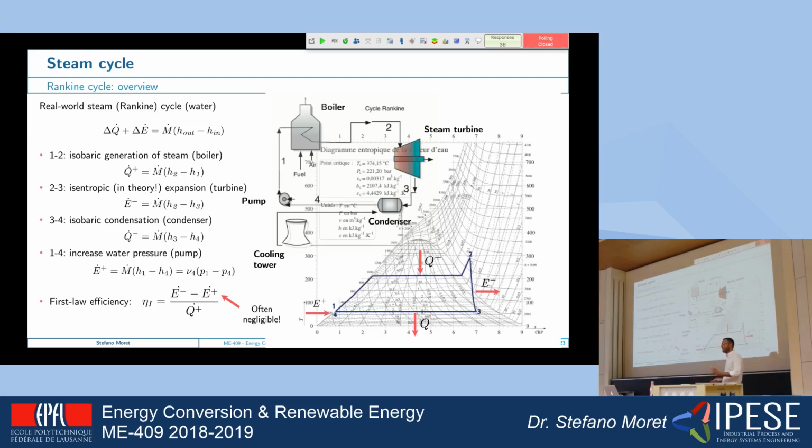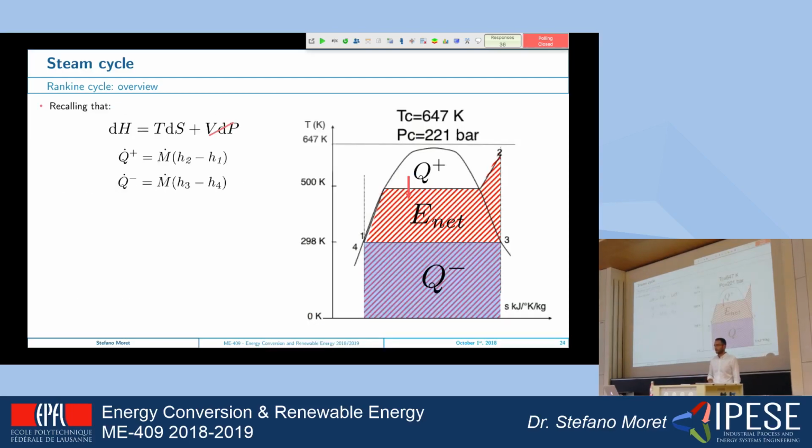The normal efficiency, for example, of a coal power plant works in this way. You burn coal in the boiler, you put in fuel, you have combustion, and you get the heat, the Q plus comes from coal, you expand it in the turbine and so on, and you keep producing electricity in this way. And thanks to the relation of Gibbs, which tells us that in a real process we can apply this formula, when we give heat and take heat from a system at constant pressure, the derivative of a constant goes away.